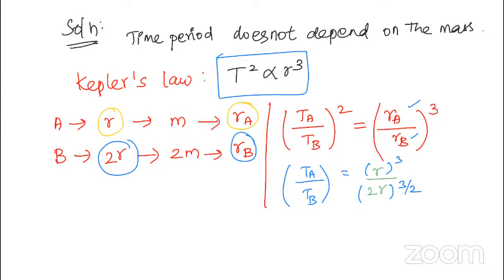Next, we can split it into these terms: r power 3 by 2 divided by 2 power 3 by 2 into r power 3 by 2.